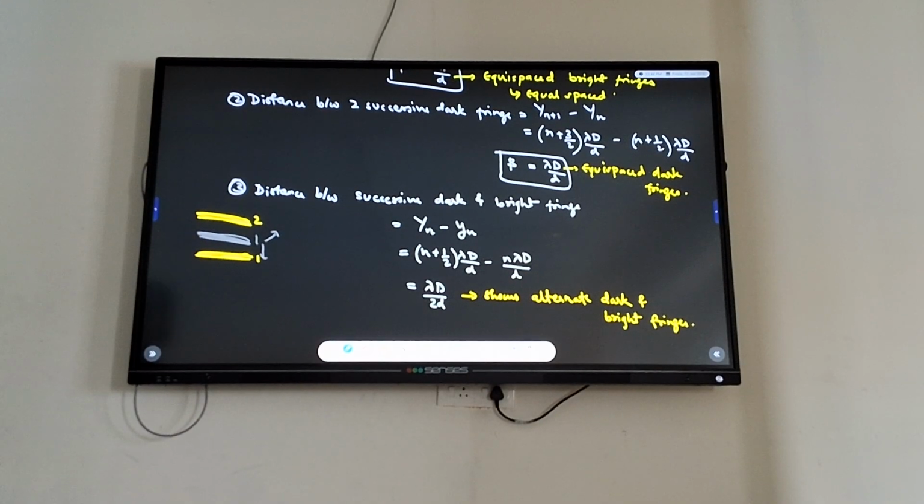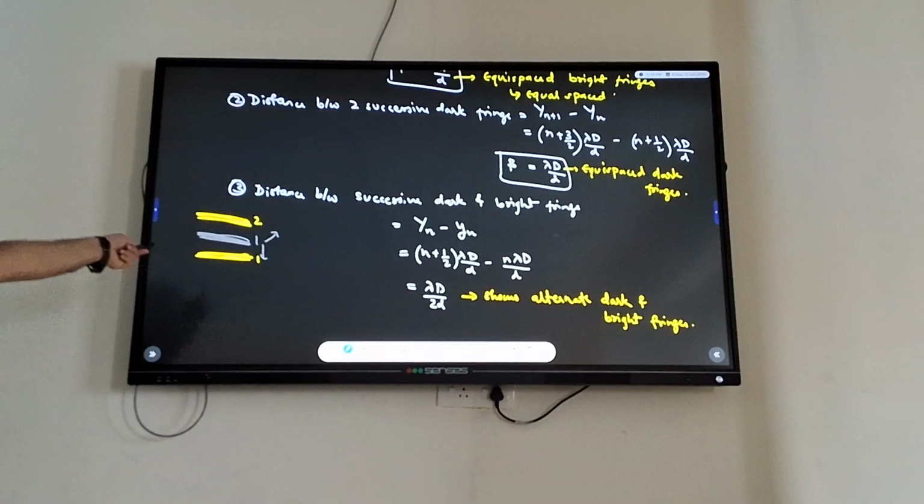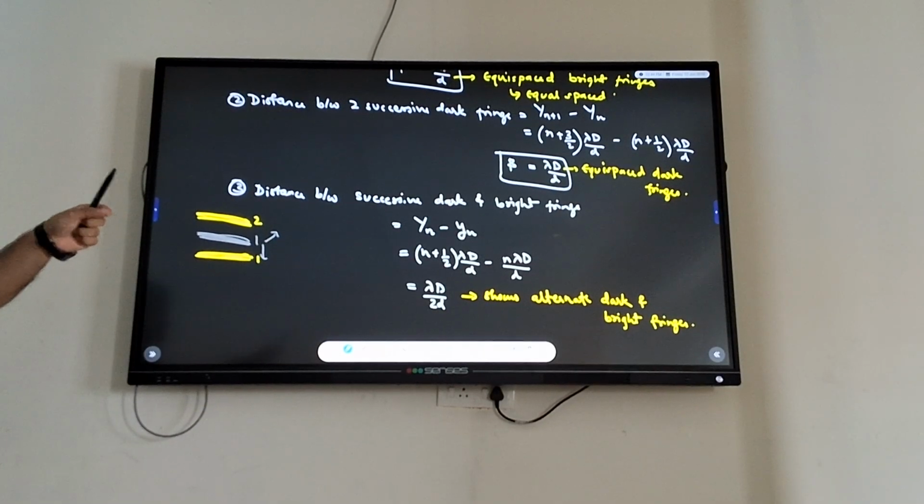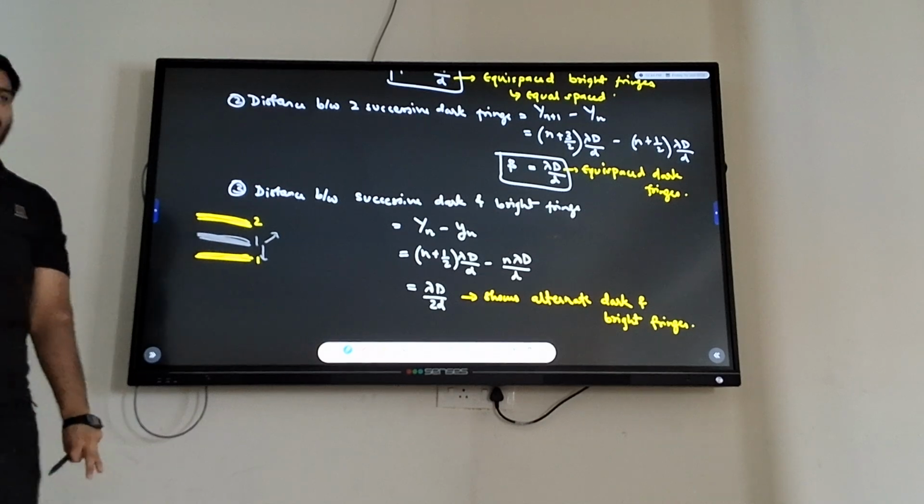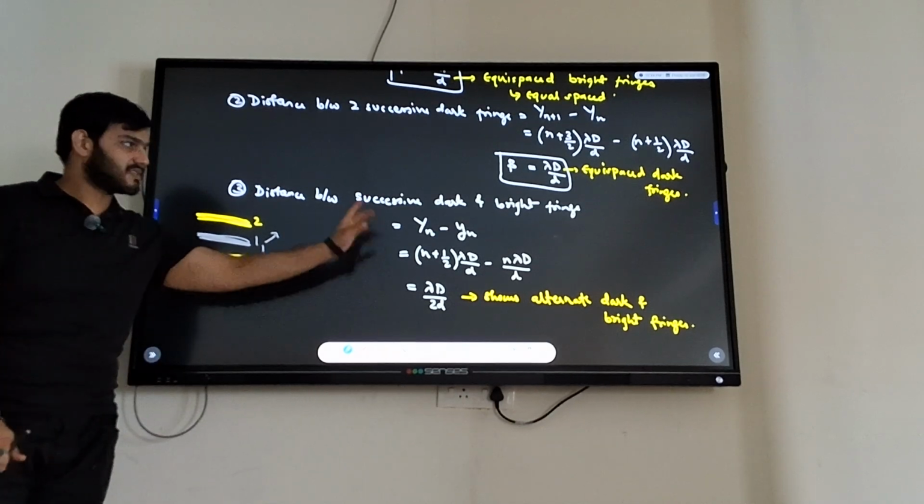The circular shape is called Newton's rings, and the shape can be lines as well. Maybe you will find lines the way in which I have made. You may even find dots, where there is a dot of maximum intensity and then nothing, then maximum intensity and nothing. So there are many ways in which that can happen, but this is all that we have.